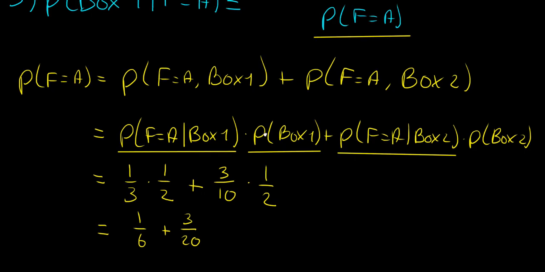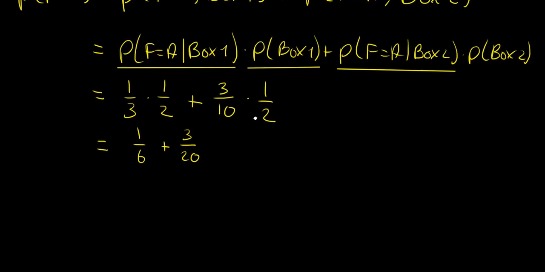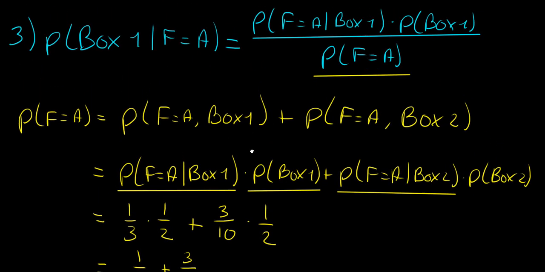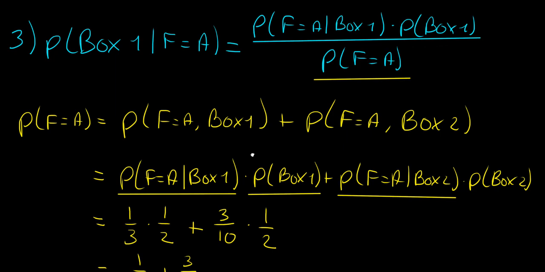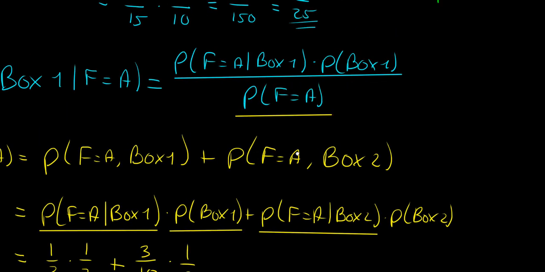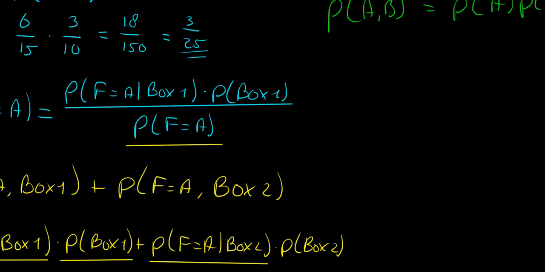Good. Now we can fill in everything since we have written down the denominator and the numerator was already easier solved. So let's do that. Let's fill in everything right here.